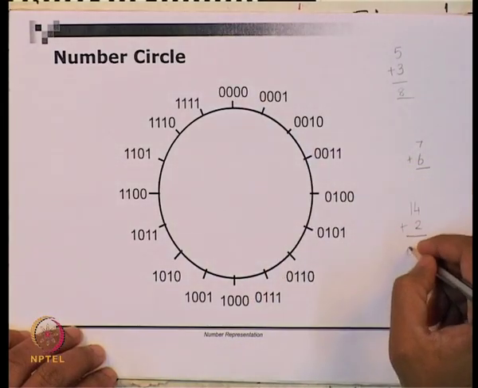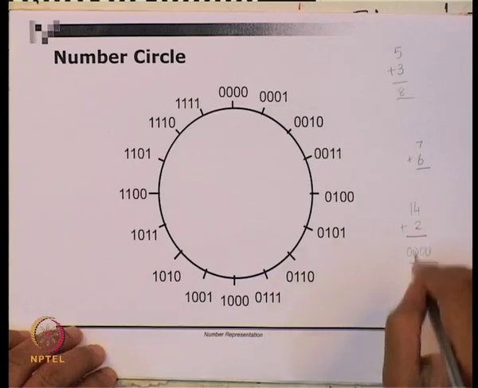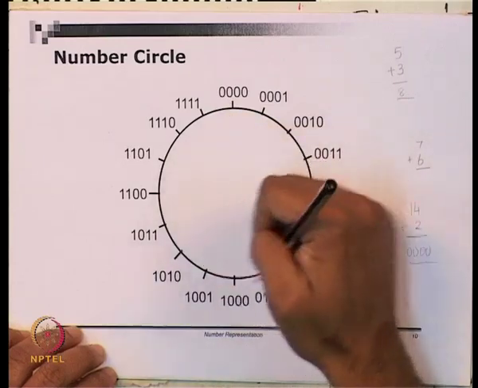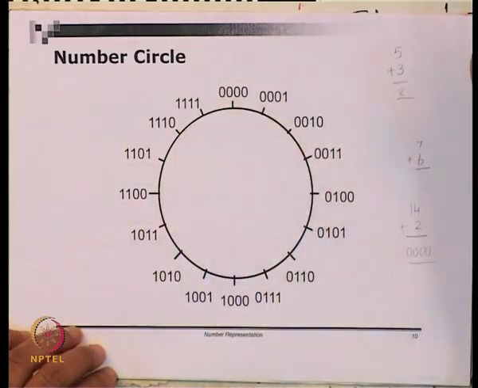If you say that 14 plus 2 is 0 0 0 0, it is technically not correct. 14 plus 2 in decimal is 16. However, since I am forcing you to give only a 4-bit representation, even in unsigned numbers you cannot represent 16 using only 4 bits.